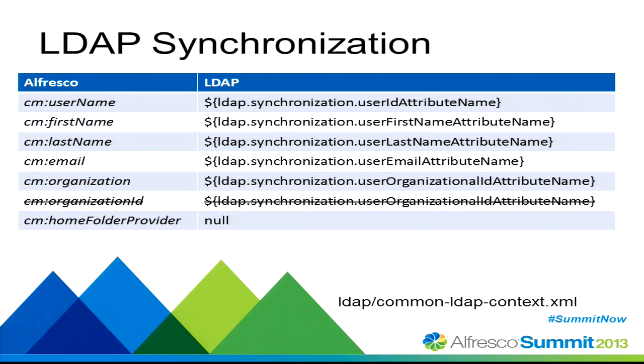So what fields are synchronized? Out of the box, these are the properties; in fact, it's configurable via your Alfresco global properties which field in LDAP these are configured as. But basically, out of the box, we synchronize the username, first name, last name, email address, organization, or home folder provider.